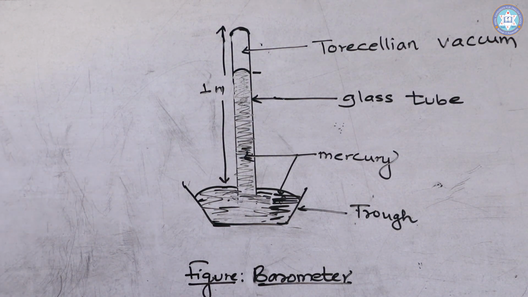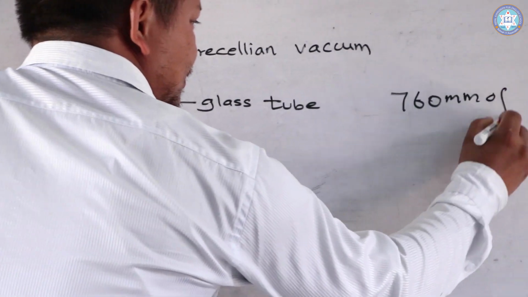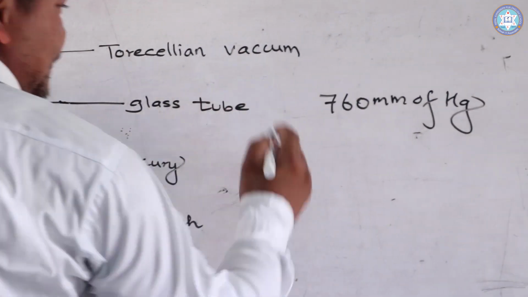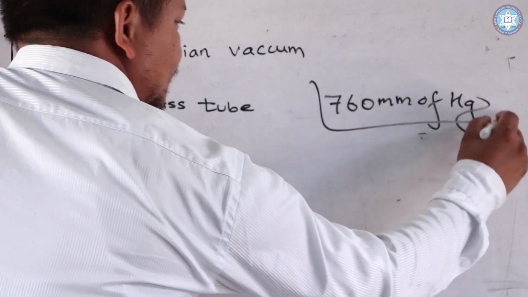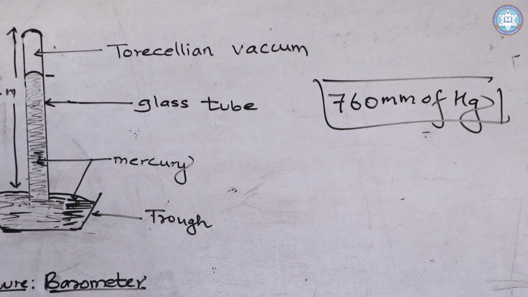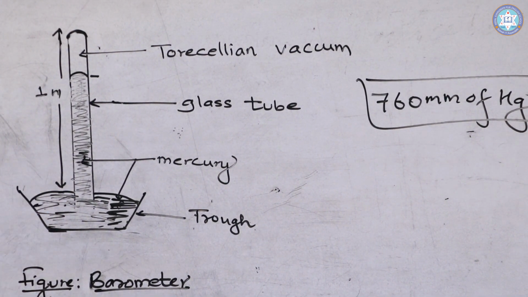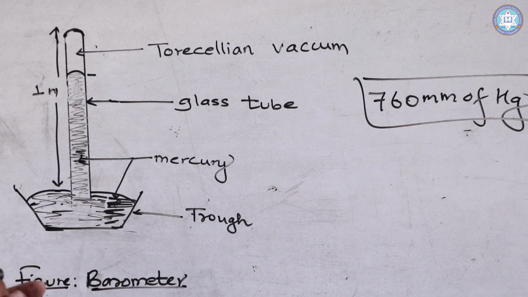The atmospheric pressure at sea level is 760 mm of Hg. But this value is not found everywhere, because the pressure given by the air decreases as we go upward, or into mountainous regions.